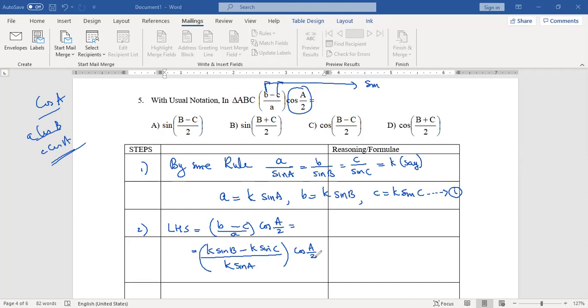Is that fine? Yes, sir. Now take k common and cancel with the denominator k. k got cancelled.